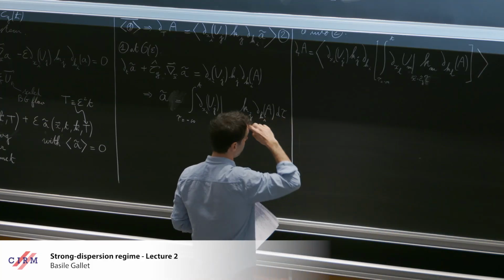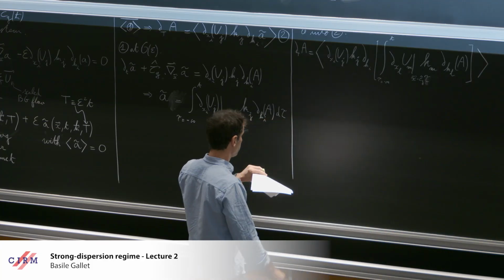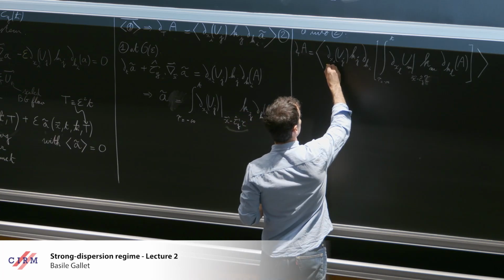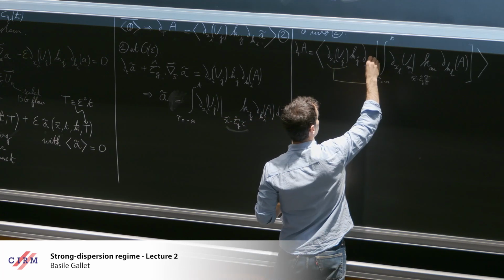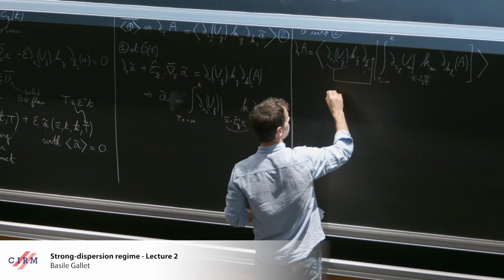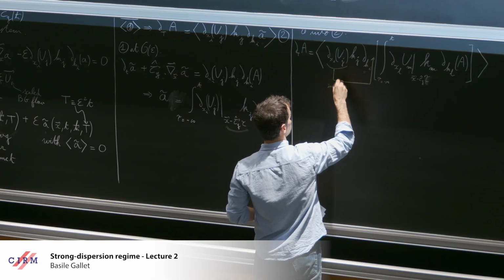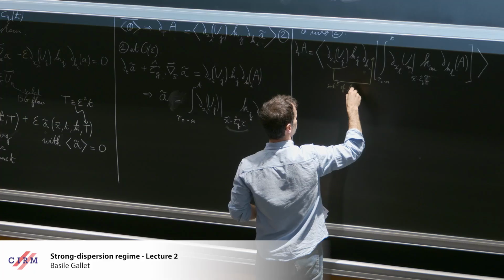Okay, so let's see how to simplify this. First of all, this here is independent of k, so I'm going to insert that inside the k derivative. Okay, so it's independent of k.